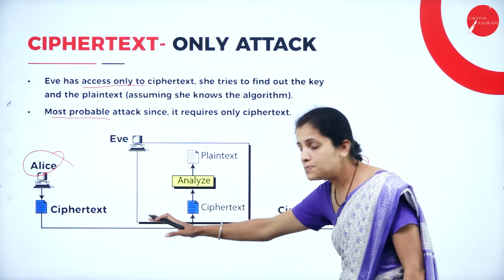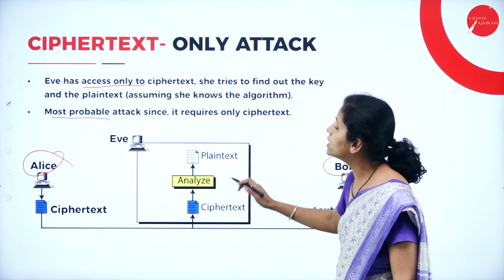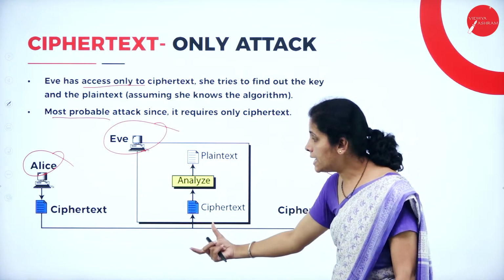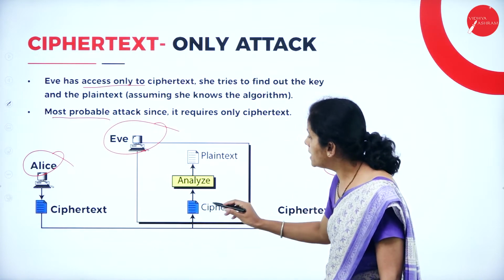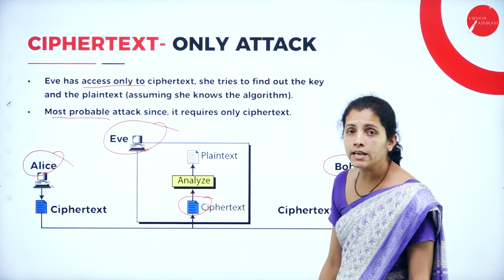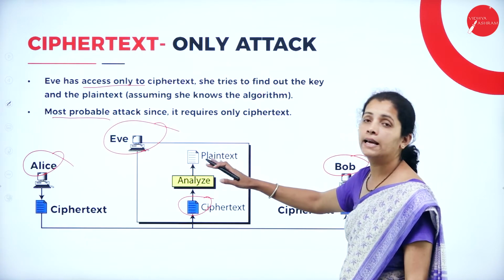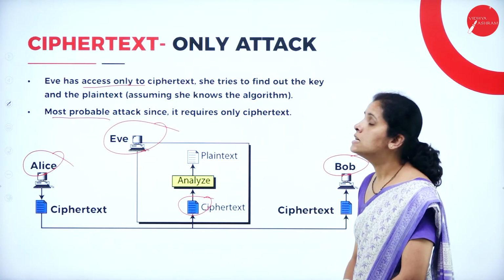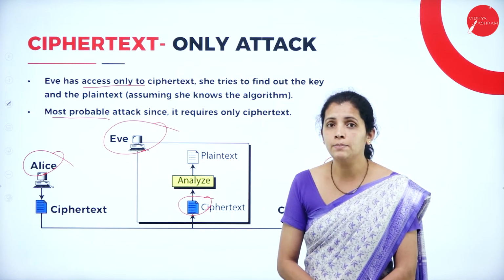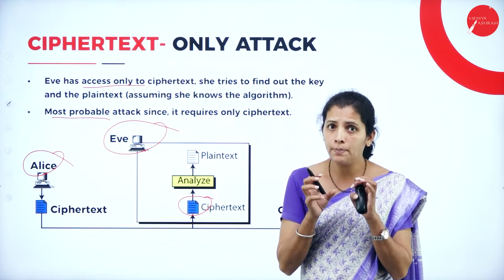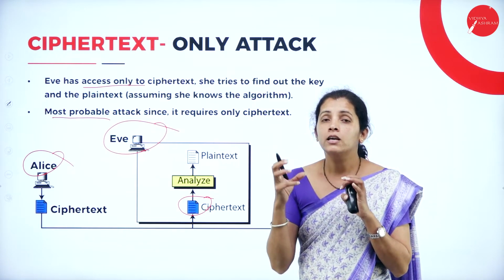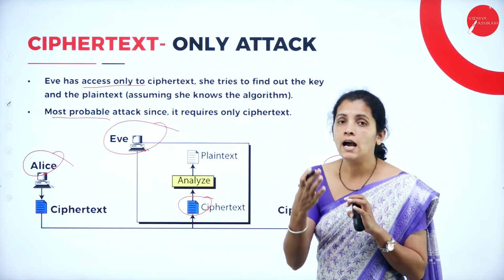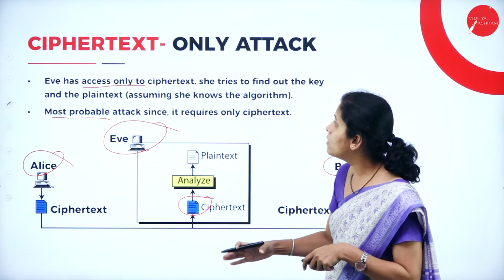During the transmission of the ciphertext, Eve gets the ciphertext. By keeping the ciphertext, she tries to analyze the plaintext as well as the key. So this kind of attack is called a ciphertext only attack. That means Eve has only the ciphertext. By assuming the cryptographic algorithm, she tries to decrypt the plaintext as well as the key.